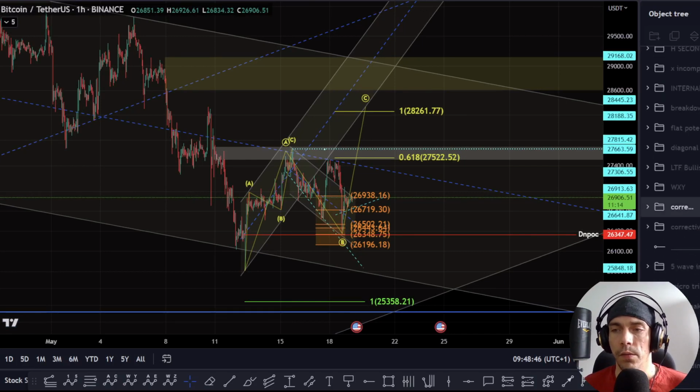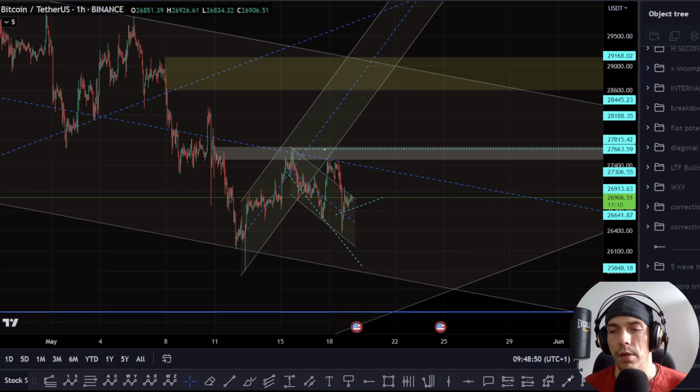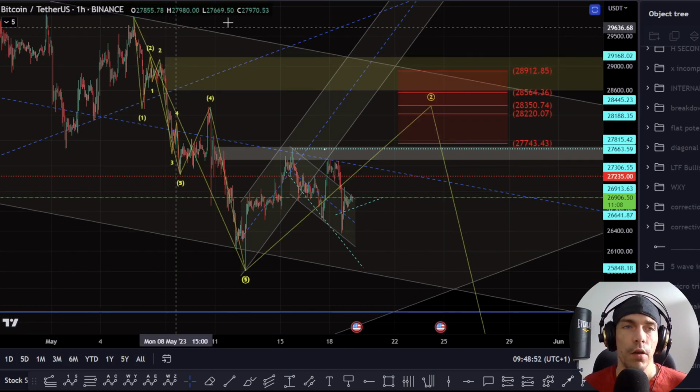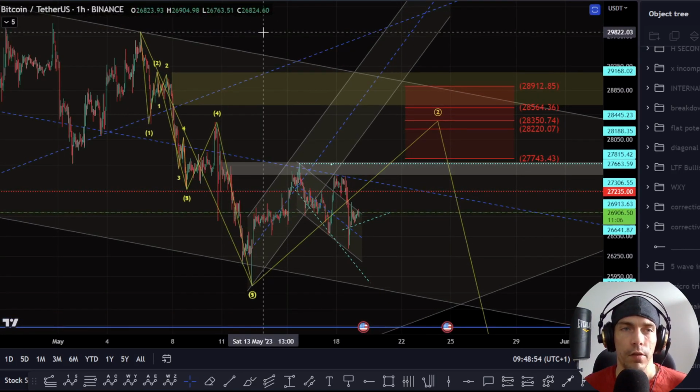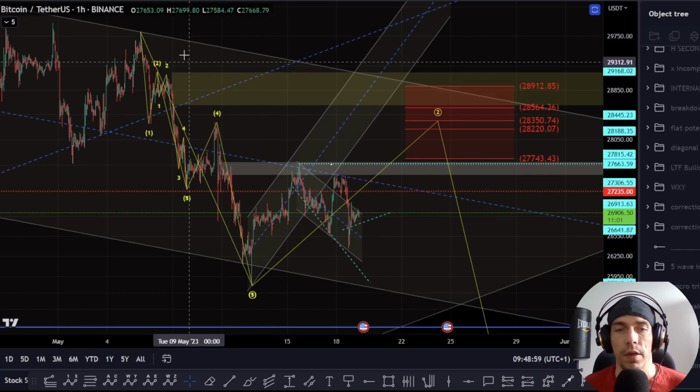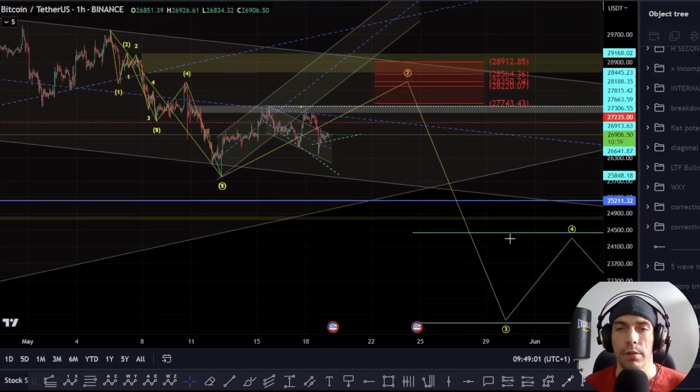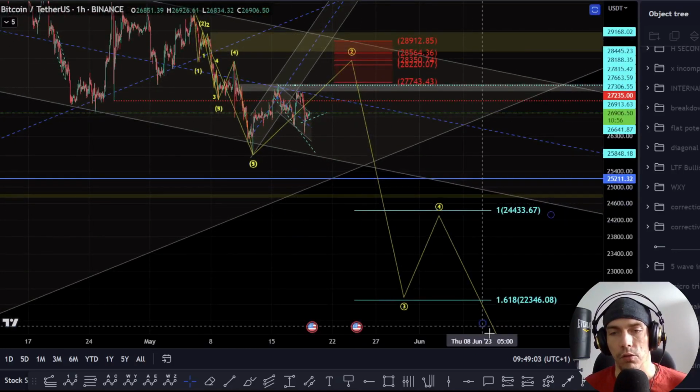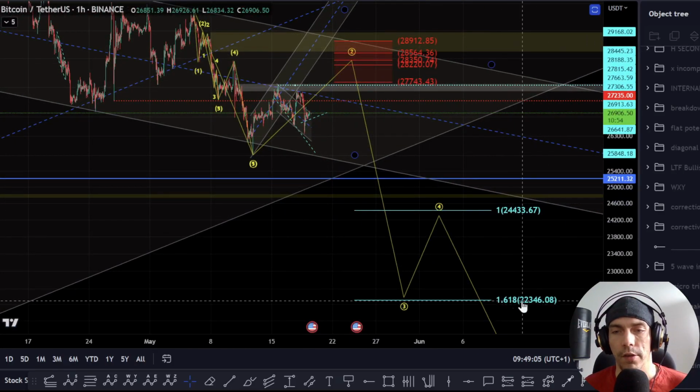So if we are not going to get that fourth wave, it doesn't automatically invalidate the idea of a breakdown here, really only until we actually take this high point here of 29,830, we would be invalidating this point. So we need to be careful. This could be setting us up for a bigger drop here, where our 1.618 would actually be down here towards 22,346.